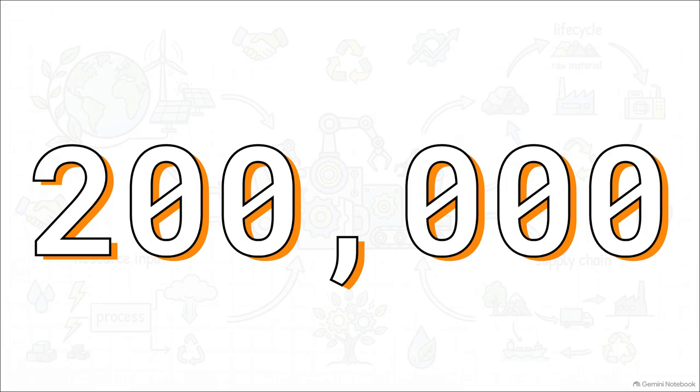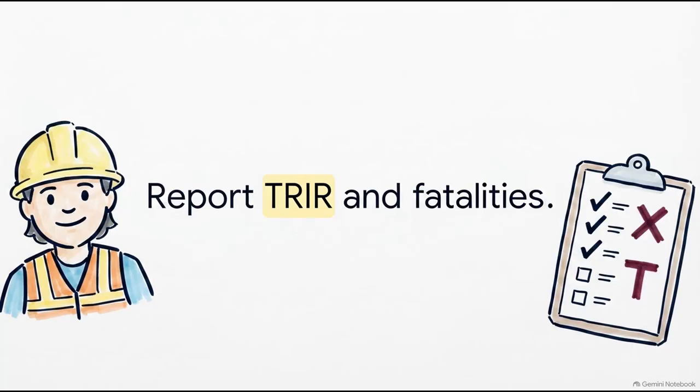Why 200,000? Well, it perfectly represents 100 full-time workers, putting in 40 hours a week for 50 weeks a year. It perfectly levels the playing field, so you can compare a massive corporation to a smaller manufacturer. Against that 200,000-hour baseline, entities have to report 3 distinct safety metrics: the total recordable incident rate, the fatality rate, and the near-miss frequency rate.